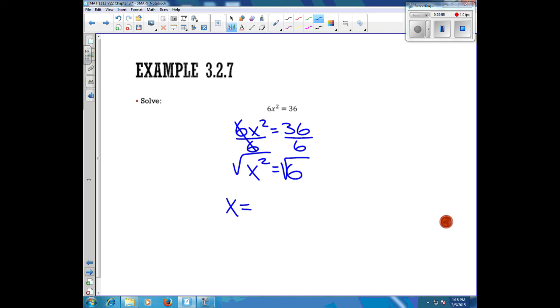The square root of 6 is a decimal, goes on forever. So we're just going to write this as the square root of 6 and negative square root of 6. If the square root will give you a decimal number, don't use the decimal. Always write it as a square root.